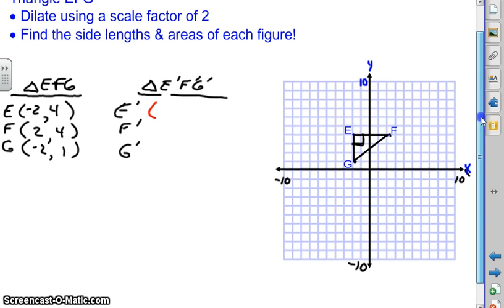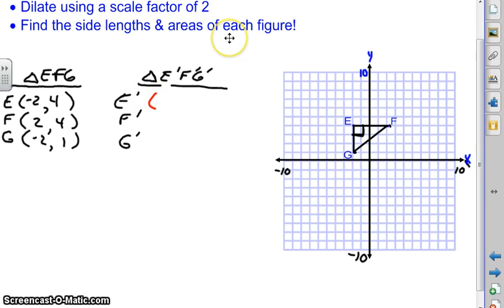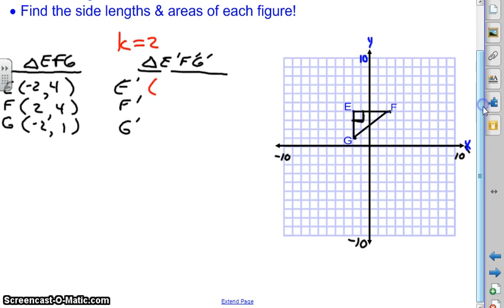Okay, so why don't we start by dilating by this scale factor of 2. So I'm going to jot that down here that the scale factor is 2, so I can get a little more room on the board, and then we can work on the other stuff. We're given this triangle. So Sterling, how do we find E prime? Can you tell me where E prime would be if E is given? Good job.